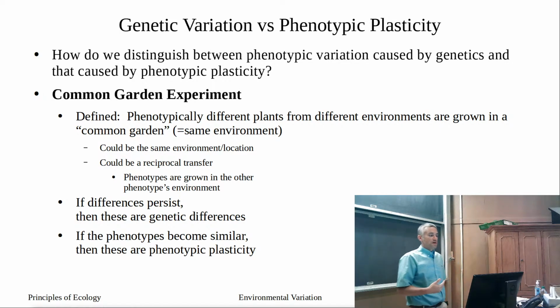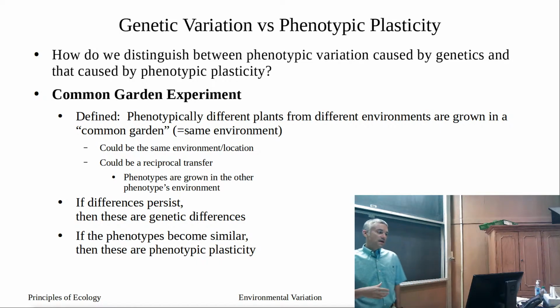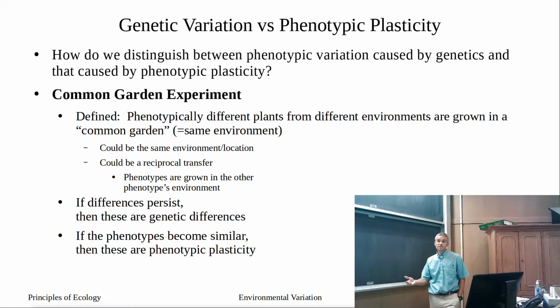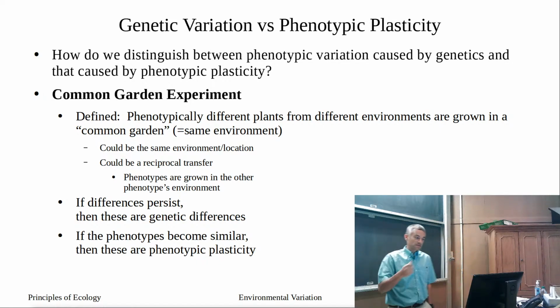And then what you do is you see what happens to the phenotypes. So we know what the phenotypes are in their natural environment. Now what we want to do is see what are the phenotypes when they're raised in the common garden. If the differences in the phenotypes persist, then that's likely due to the genetics, to the genotypes.